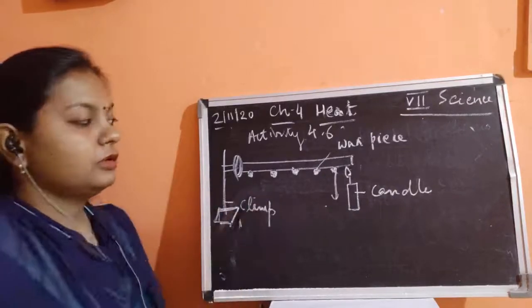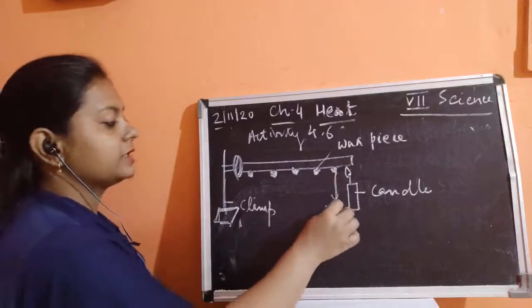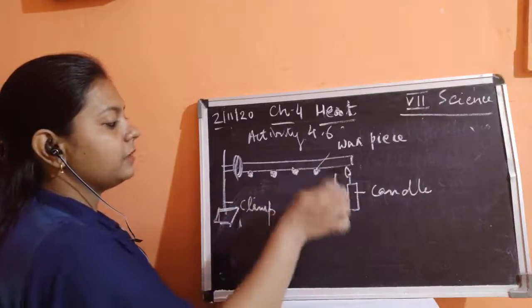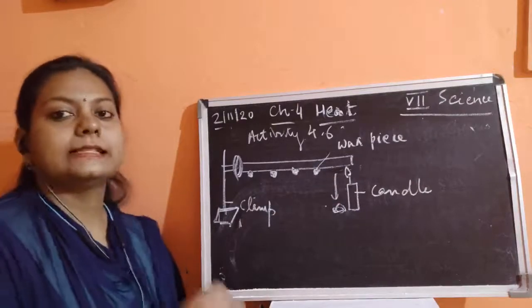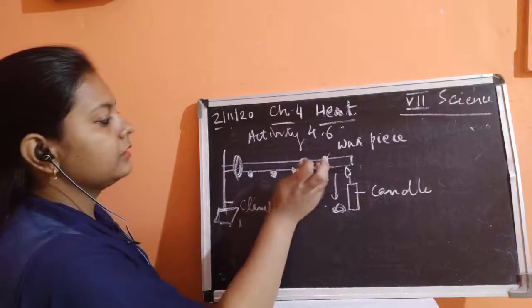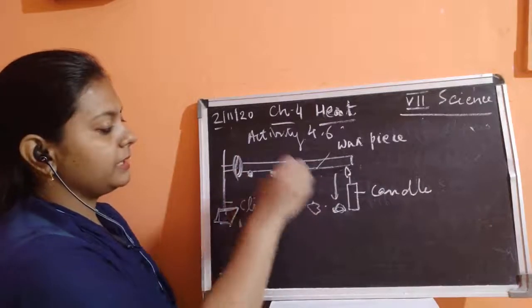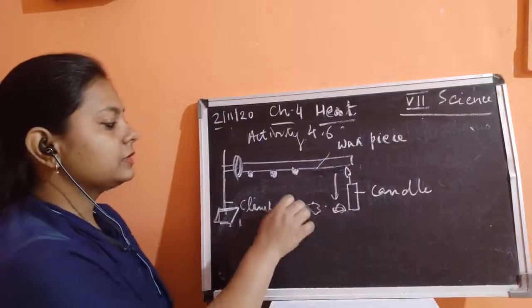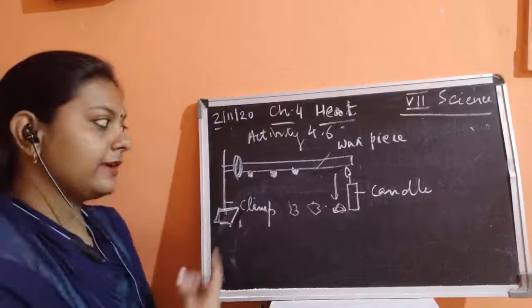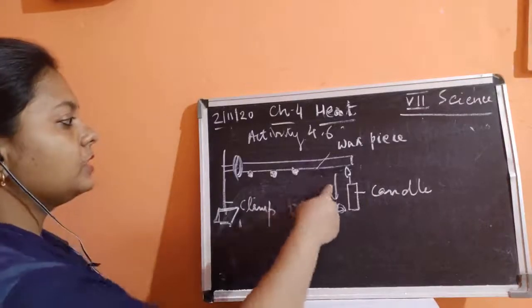तो अभी क्या होगा? कुछ देर के बाद you will be seeing that the wax starts melting. It starts melting from here. After a few seconds, the second wax piece is going to melt. Next the third is going to melt. Similarly, all the wax pieces would be melting one by one because you are heating.